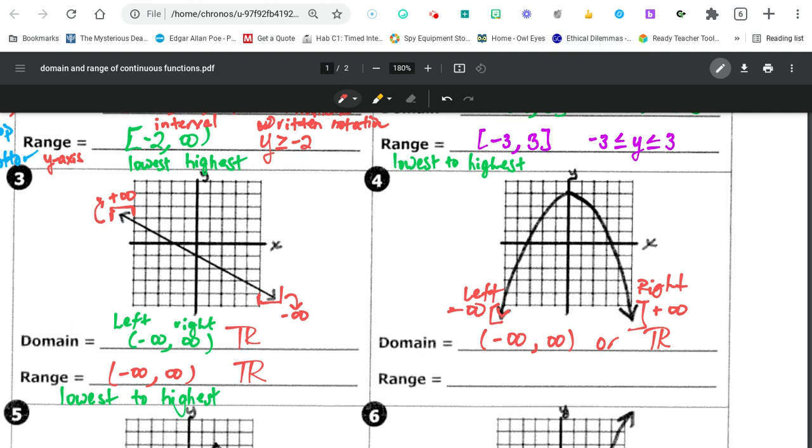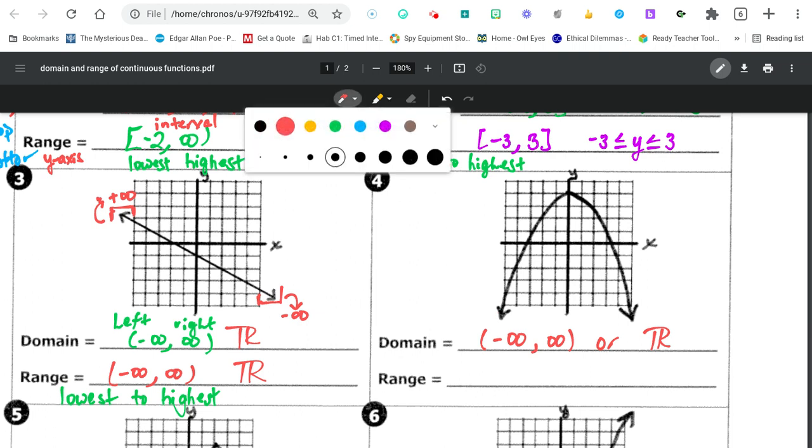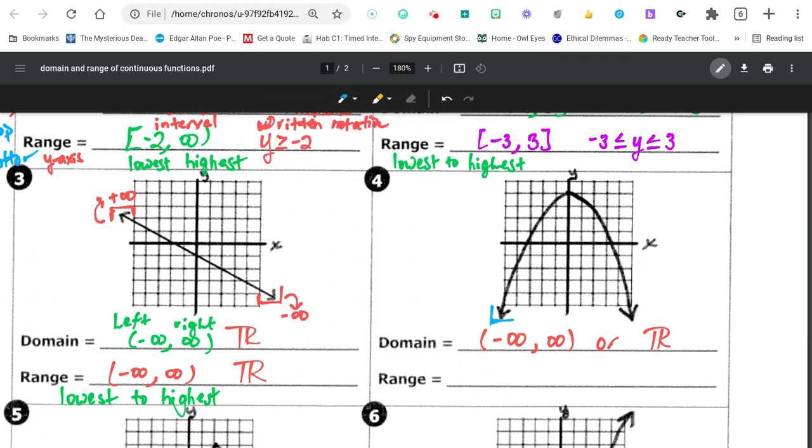All right, now I'm going to erase this and talk about lowest to highest value. So I'm going to focus on the y-axis, guys. It looks like the lowest point is right in here. I like using the same color, which is a y value of that, but it has the arrow on it, which means this thing continues to go down, which means it's approaching negative infinity, guys.